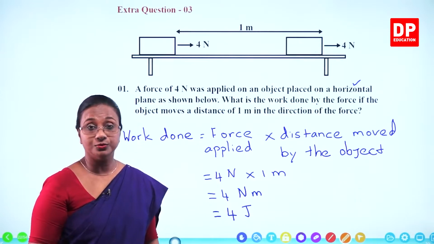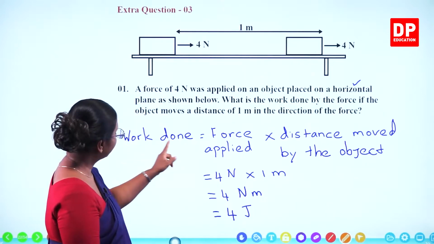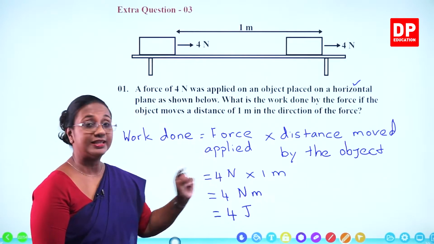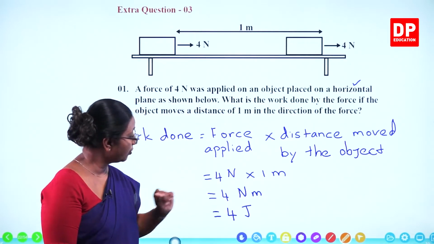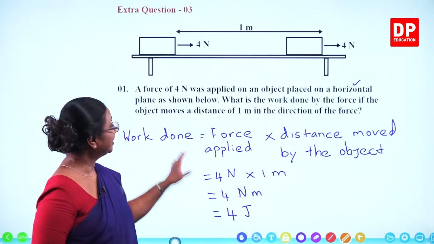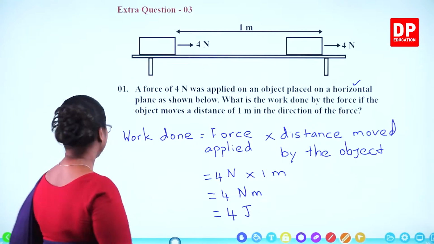That also you all know. So is this okay, students? To calculate work done, you need to multiply force by the distance moved by the object. 4 Newton into 1 meter, so that is 4 Newton meters. That's equal to 4 joules. I'm sure you all did it correctly. So we'll move on to the next question.